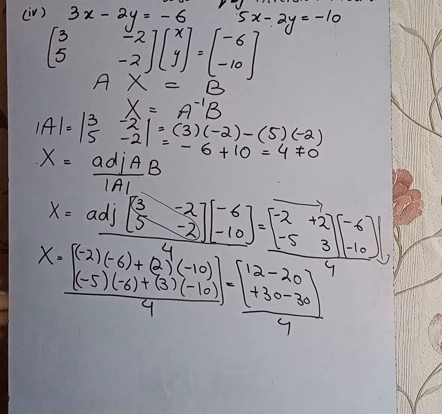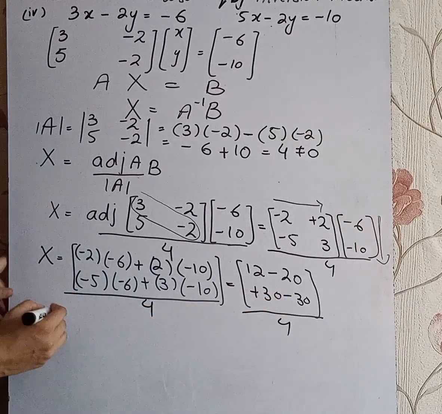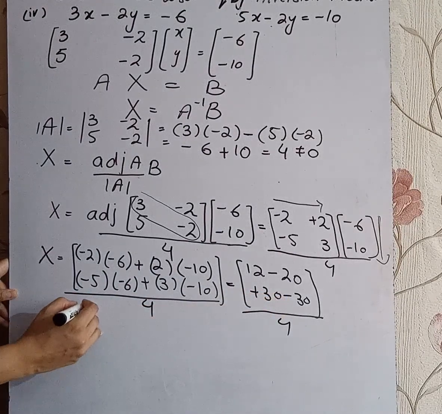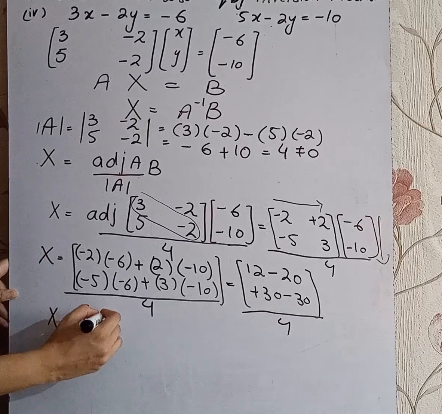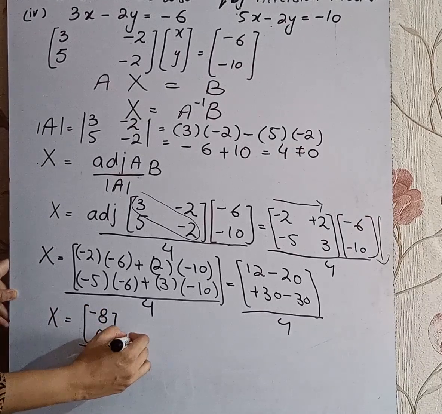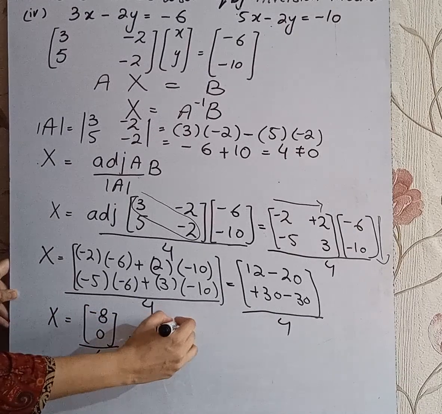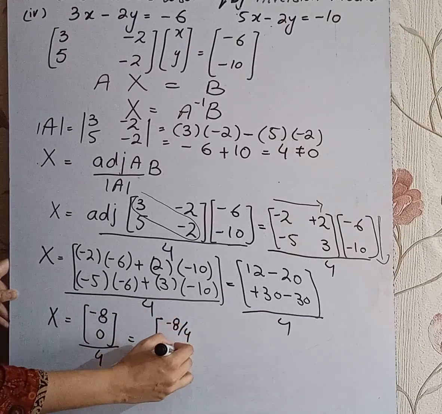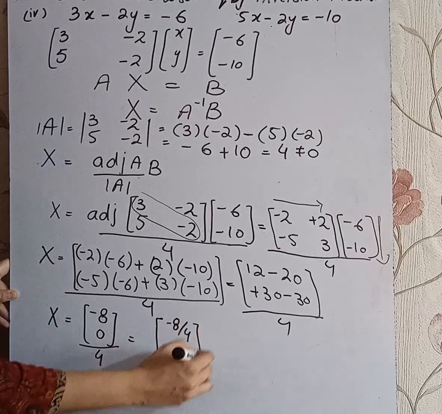Minus 8, and 30 minus 30 is 0. They both are divided by 4. Here minus 8 divided by 4, 0 divided by 4.